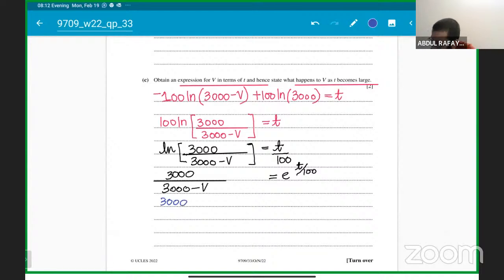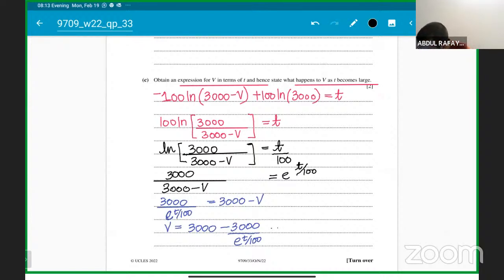So 3000 divided by e power t over 100 is equal to 3000 minus v. So v will come here and this will go there: 3000 minus 3000 divided by e power t over 100. This is how v can be made the subject.